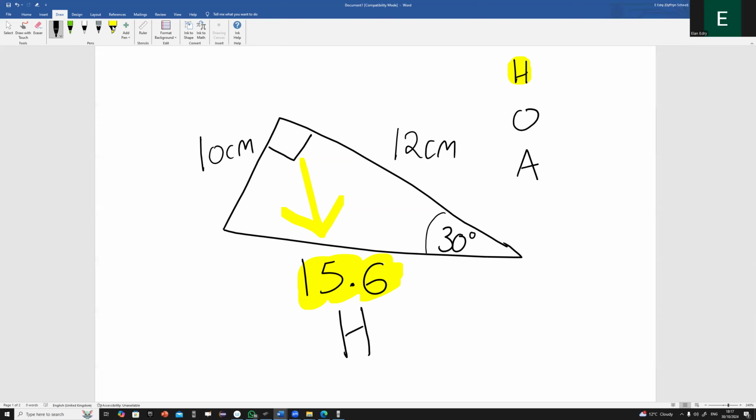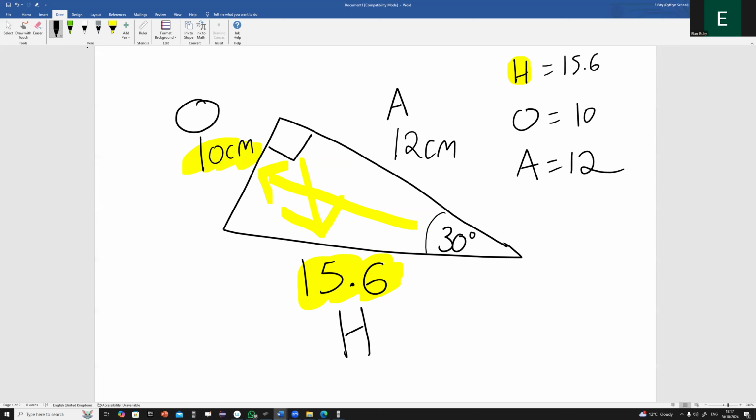That's 10. Fantastic. Opposite the angle, it is either given to you or you have to find it. So opposite the angle, that is the opposite. And that means the adjacent must be 12. Okay. So are we happy with that?